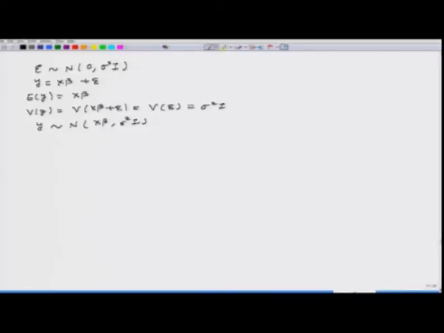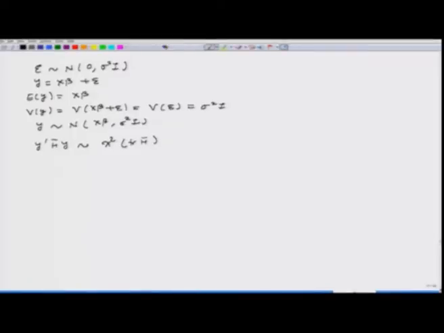So, now based on that I can write down that y transpose h bar y will follow a chi-square distribution with degrees of freedom trace of h bar, because h bar is an idempotent matrix.